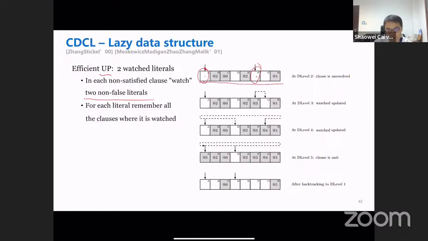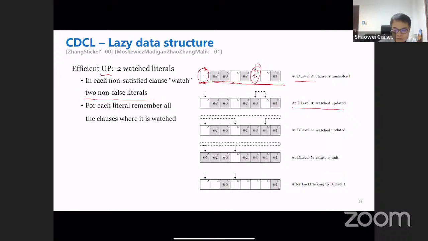So pick this clause, for example. Suppose at level 2, we pick literal A and literal F to watch this clause. And suppose at level 3, this F is assigned to false. This literal becomes false, okay?